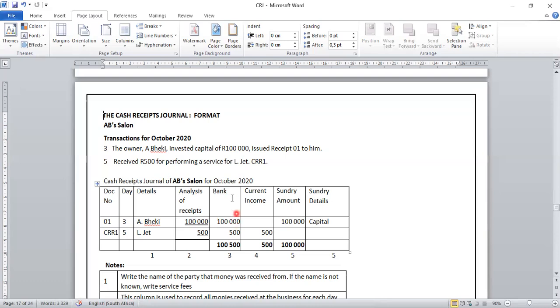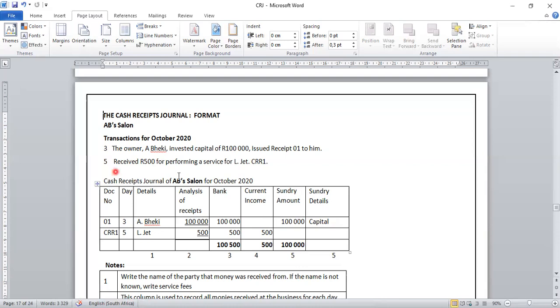Then the next question, why are we receiving this money? Because the owner invested capital. So we are not receiving money for services. So we are not going to put this amount into our current income, but it will go straight to our sundry accounts column. Then we'll put 100,000, then the reason will be capital.